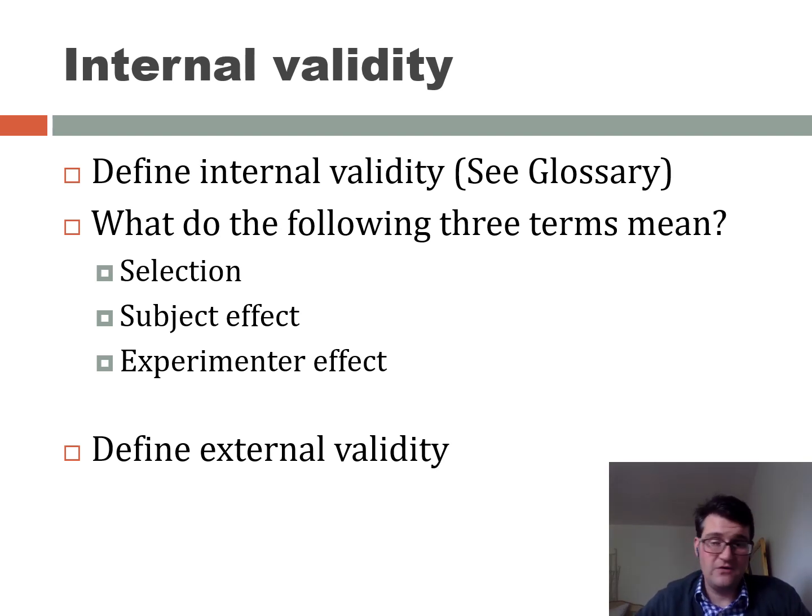Its sampling might be poor, though. If we're just using, say, first year university students, maybe that doesn't generalize very well to a working population. So if we study first year university students as our sample, and then we try to make claims about working adults, maybe that's not so great.